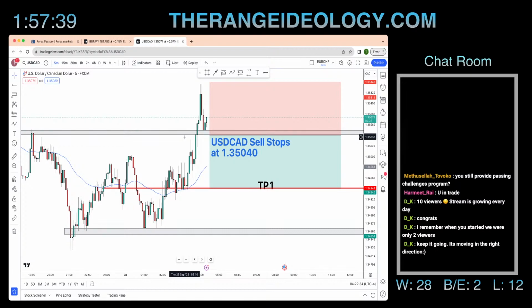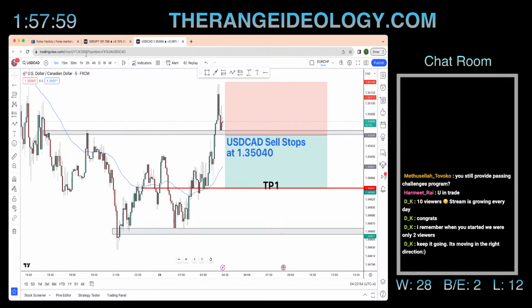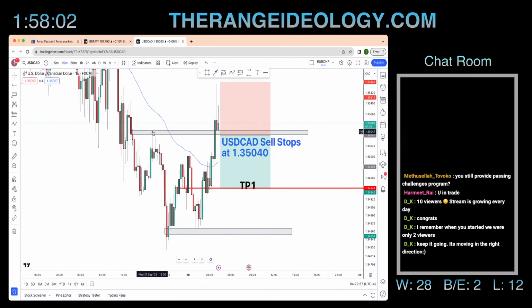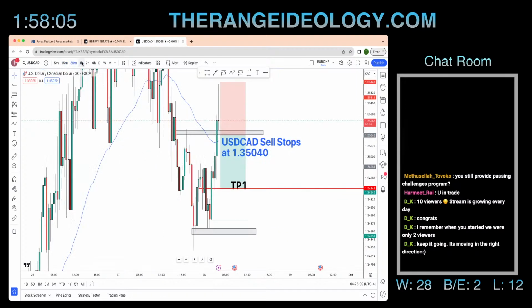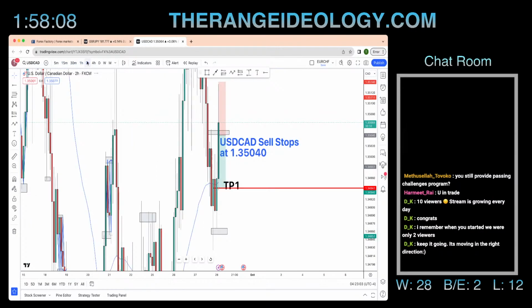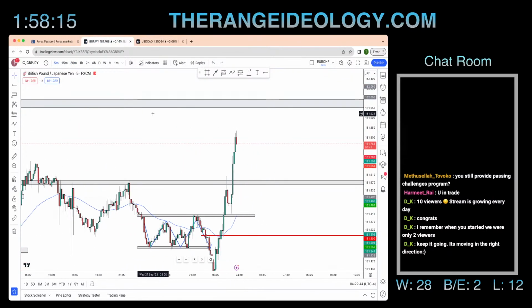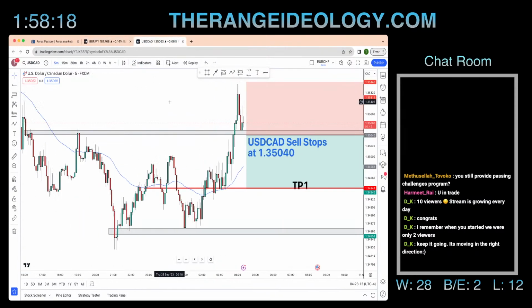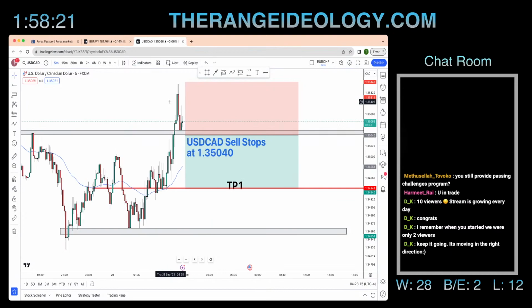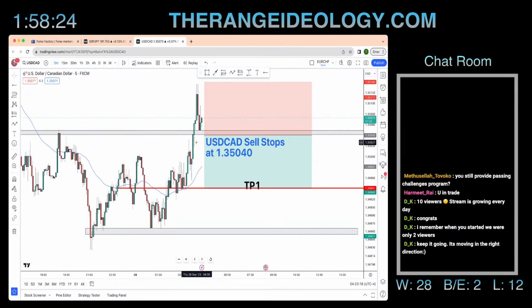Okay, so just pushing against us right now. Let's see. Hmm. All right, nearly about to be tapped. Just waiting for the sell stops to be activated for USD CAD.